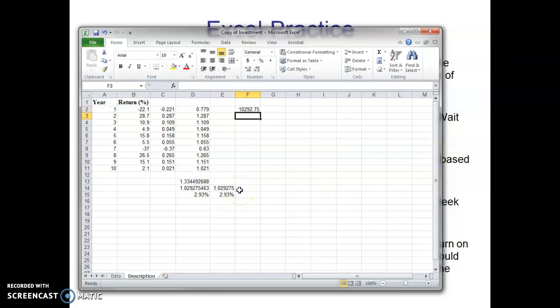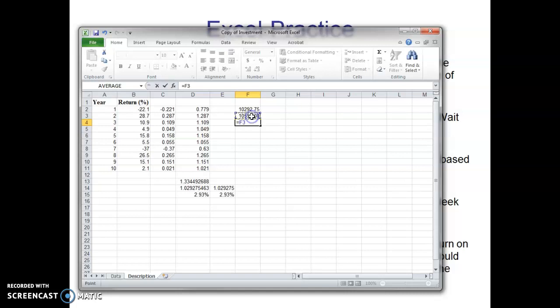If I do that, I get to 10,292. So that's after year 1. Right? Now I can do it again. I can take this number and multiply it by 1.029. And now, so there's year 2, right, at the end of year 2.